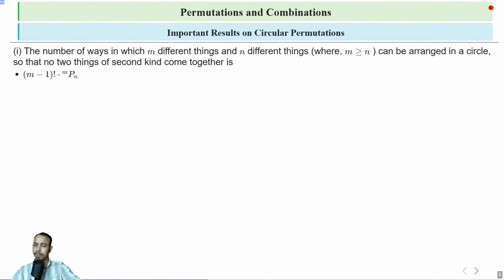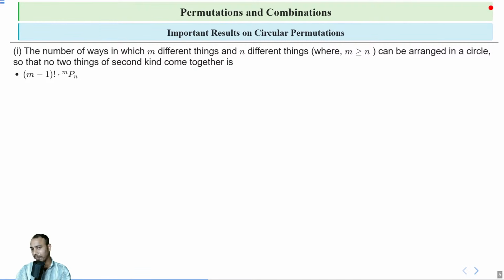After finding the number of circular permutations of m different things, you now have n different things to place. How many gaps do you have? You have m gaps, and you want to take n gaps out of the m gaps.